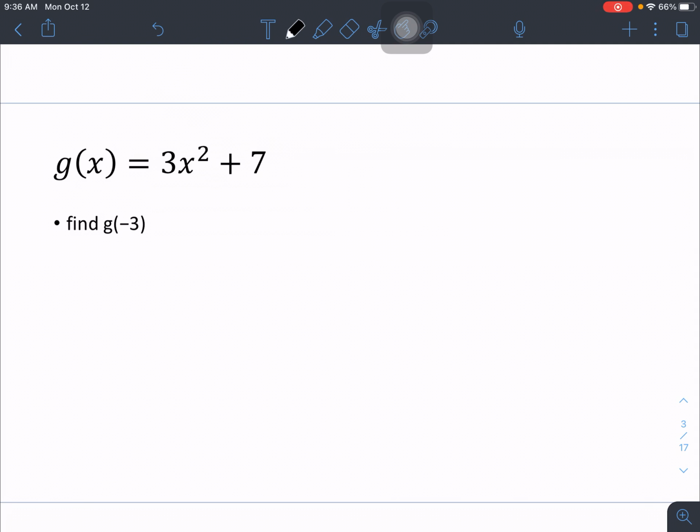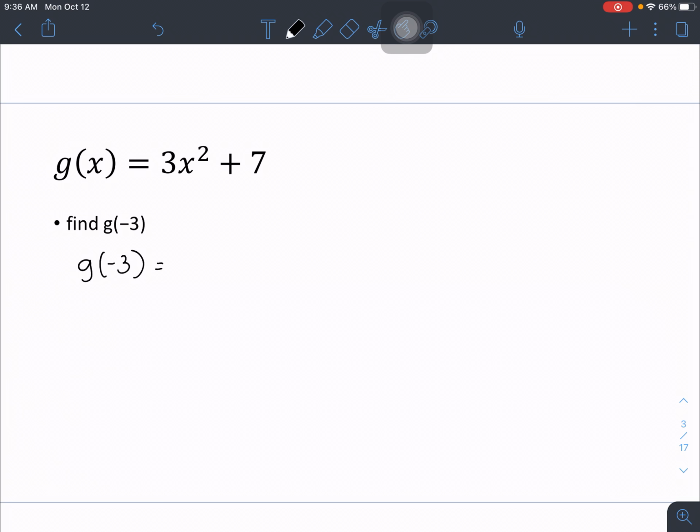Let us find the value of the function if the function is given as g of x is equal to 3x squared plus 7, given that x is equal to negative 3. So we just need to replace all the x's by negative 3.